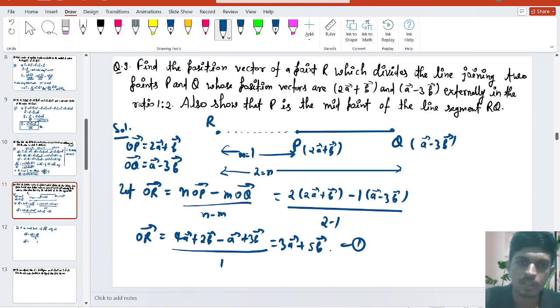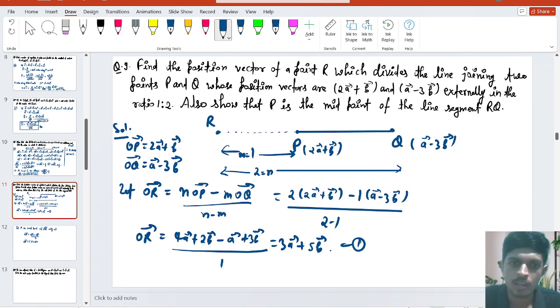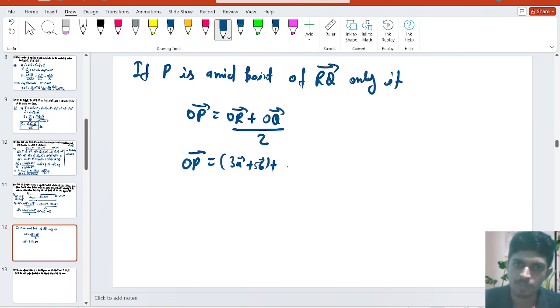In the previous part you got 3 vector A plus 5 vector B. And vector OQ equals what? Vector OQ, you see, is vector A minus 3 vector B. If you simplify it, vector OP is equal to what?